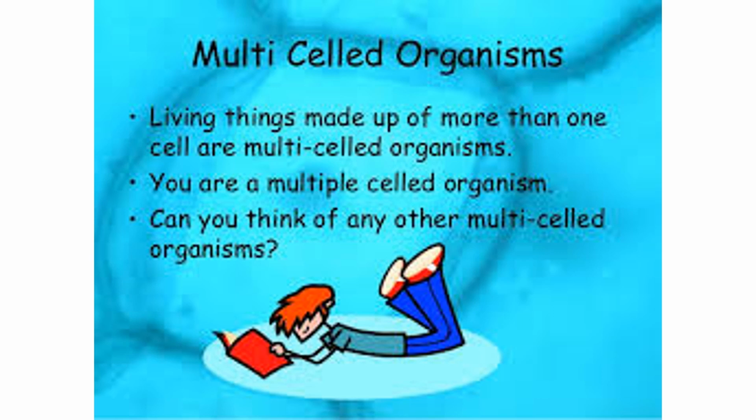Of course, we are multicelled organisms. Remember, multicelled organisms are living things that are made up of more than one cell, okay? Of course, you are a multicelled organism. You can think of many other multicelled organisms, any animal, any plant, and some of the fungi like mushrooms and mold.